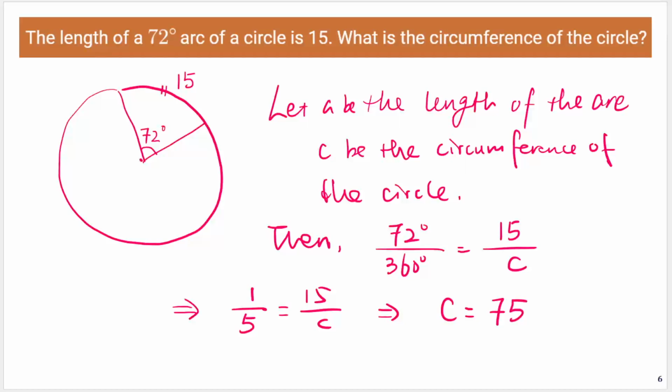Did you get it? This is how you get the length of an arc if you know the central angle and the circumference of a circle, and vice versa, right? Any questions?